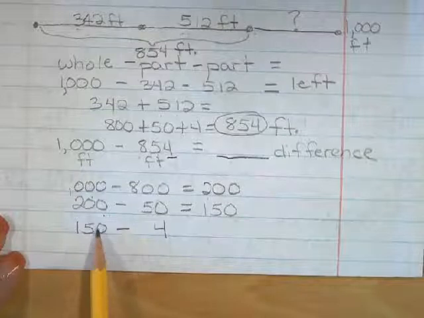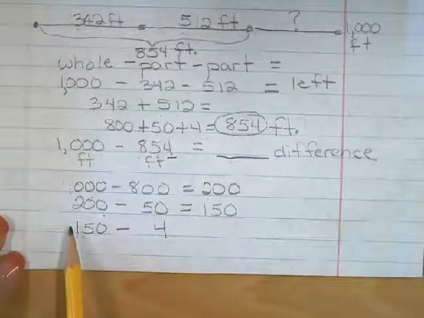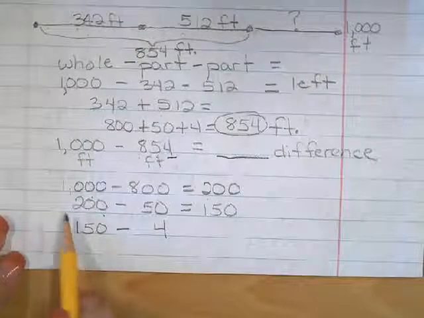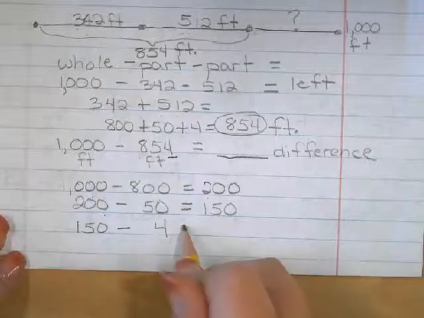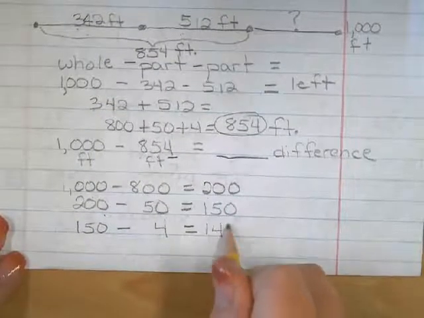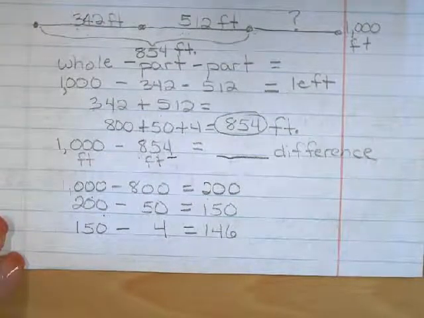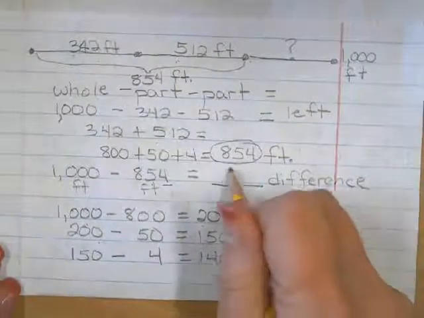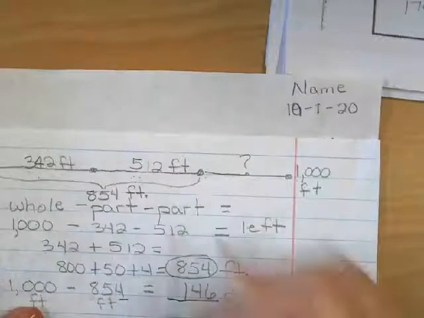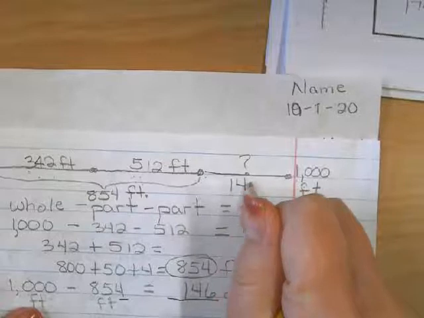Subtract 2 would be 148. Subtract 3 would be 147. And subtracting 4 would be 146. So, Miranda has 146 feet left to travel for her hike.